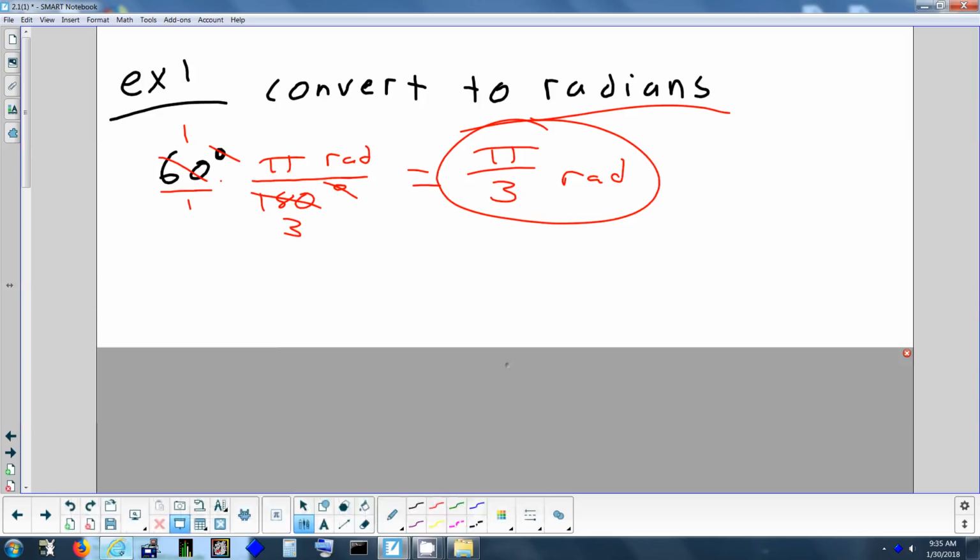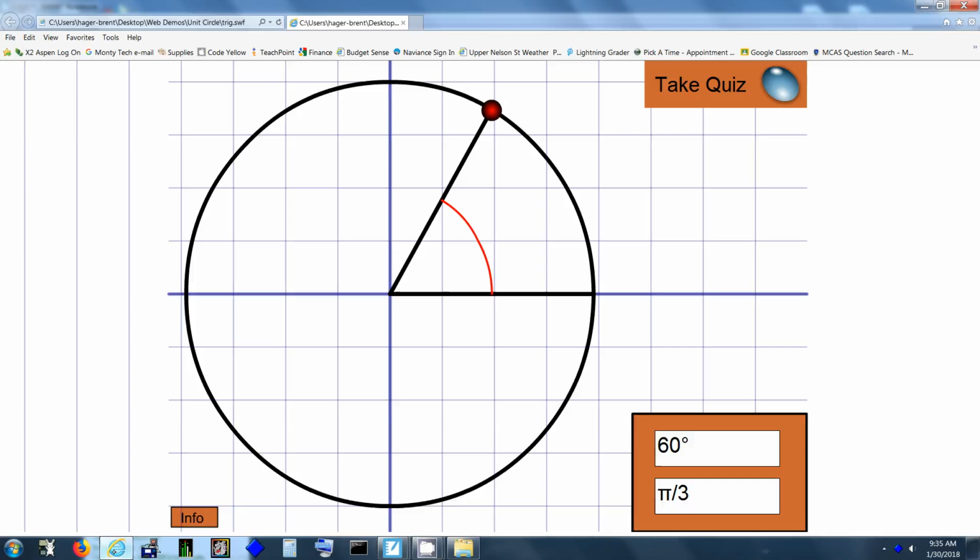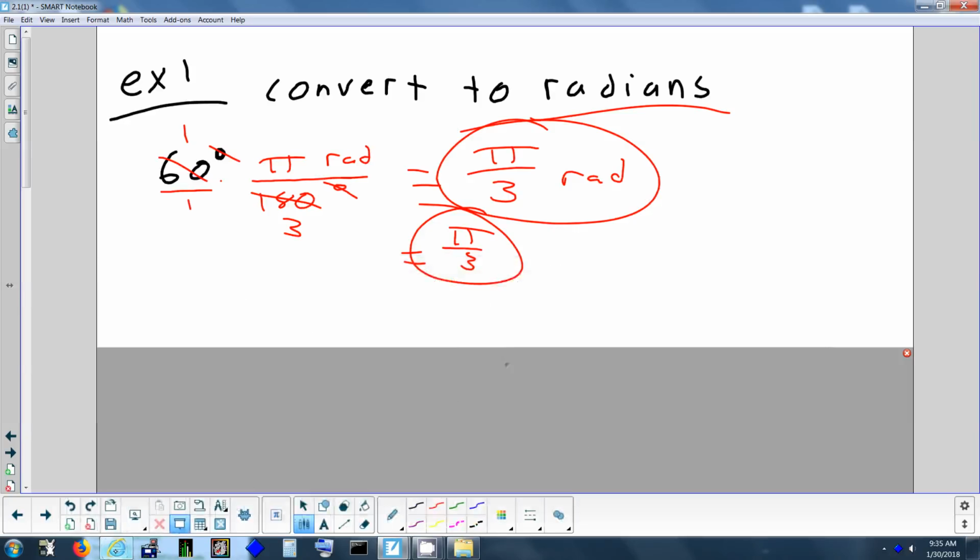So normally when you write an answer in radians, you don't put RAD. I did the first time just to get you used to it. That's how you can expect to see the answer written, just like it is right there. If you want to write an angle in degrees, you absolutely need to put the circle on it. If you want to write an answer in radians, you don't put anything.